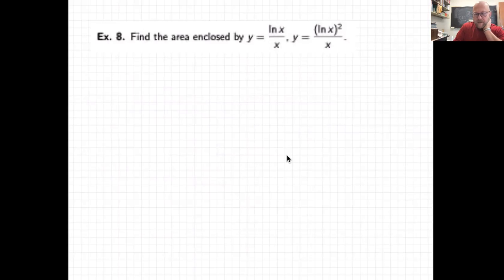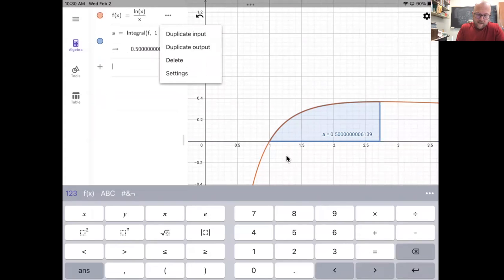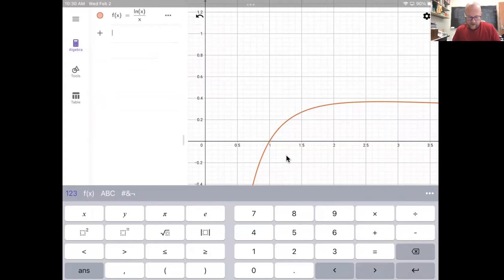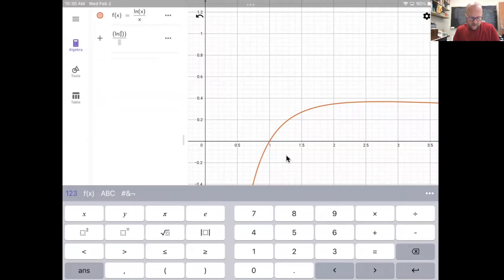But this one has very similar things, a log x and a log x squared, both over x. So let's see what that looks like in the graph, because I don't know about y'all, but I'm not super good at visualizing some of these things. So I'm going to go ahead and have the division again, parentheses on top, and an ln x in there.